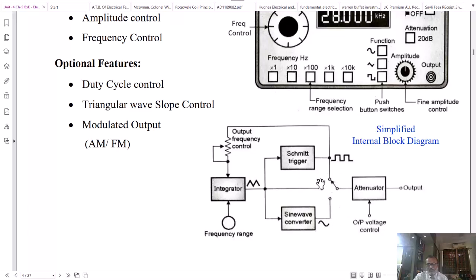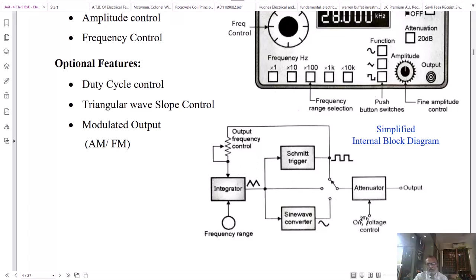It is connected to a three position switch. This switch can select the appropriate waveform. That is further connected to a calibrated attenuator that will provide the range selection as well as the output frequency control.